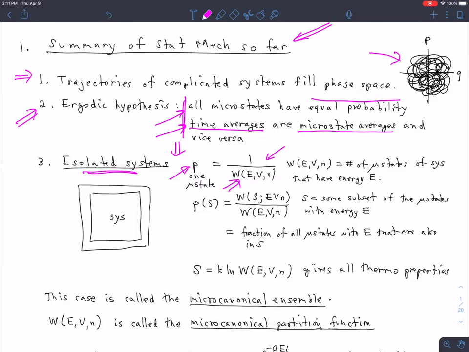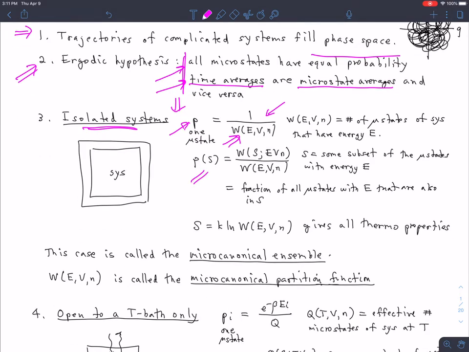If they all have equal probability, then the probability of getting any one of them is just 1 over however many there are. And on the other hand, if you are thinking about not one microstate, but some set S of microstates, then the probability is just the fraction of all possible microstates that's occupied by the set S.